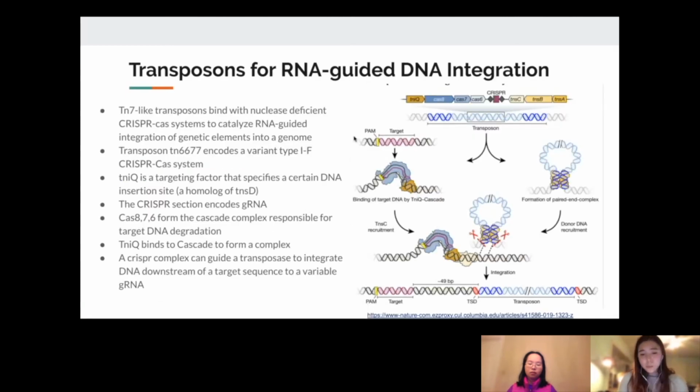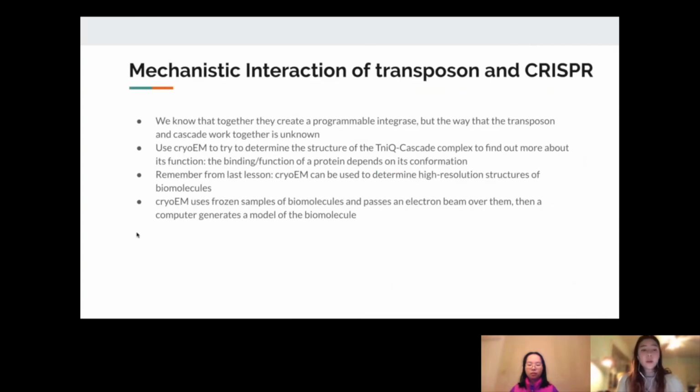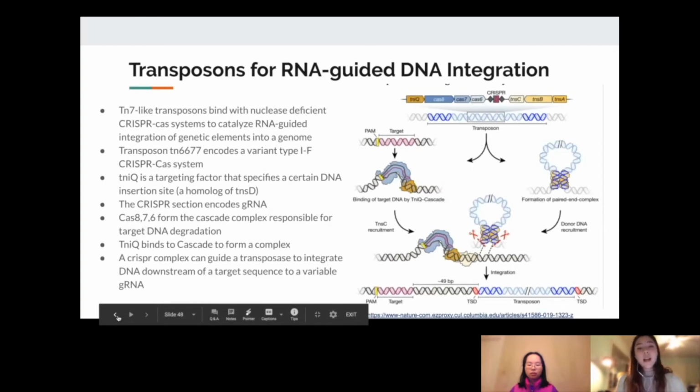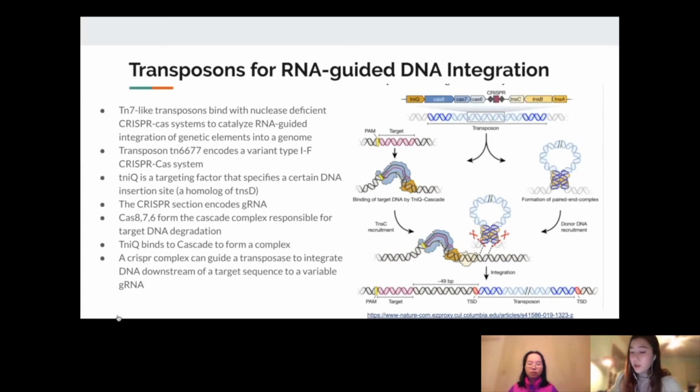So this lab, the Sternberg lab, wrote the paper that we're going to be talking about for structural analysis of transposon systems. They wrote another paper recently about transposons for RNA-guided DNA integration. For this study, they looked at TN7-like transposons, which contain a nuclease-deficient CRISPR-Cas system that can catalyze RNA-guided integration of genetic elements.